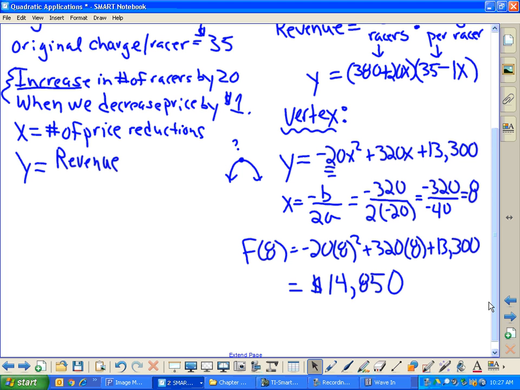How can he get there? Hi, Maddie. Yes, very good. And I did just answer it just like that. I said the owner would reach a maximum revenue of $14,850 by reducing the cost to $27 per racer. And I said $27 per racer because that's $8 away from 35 bucks.